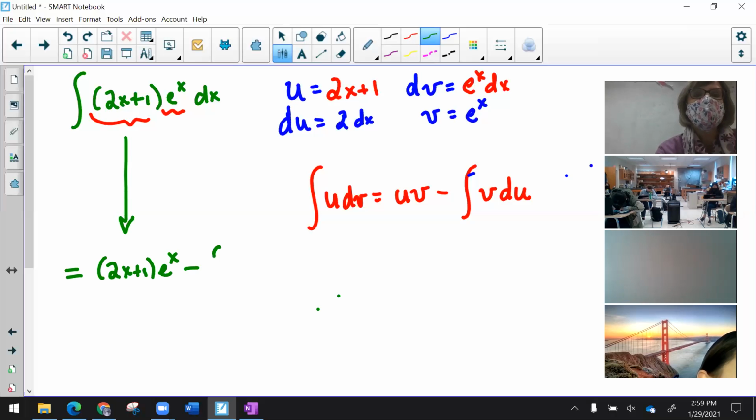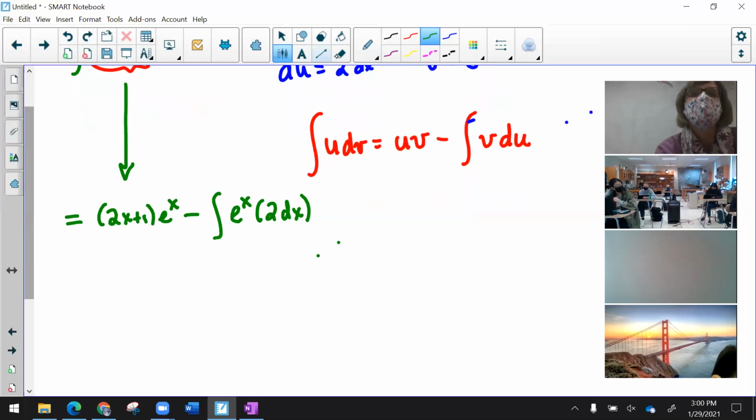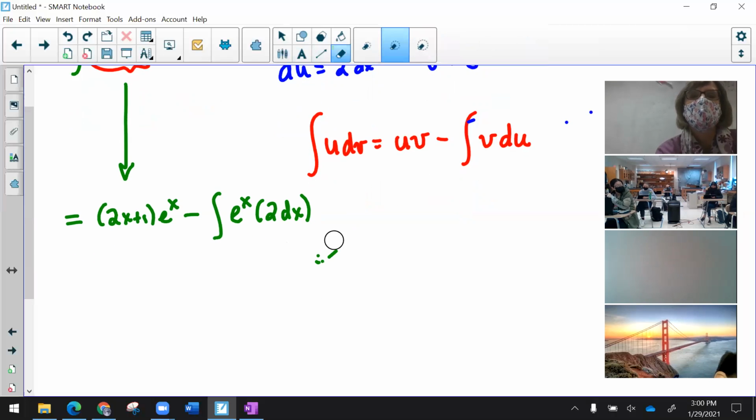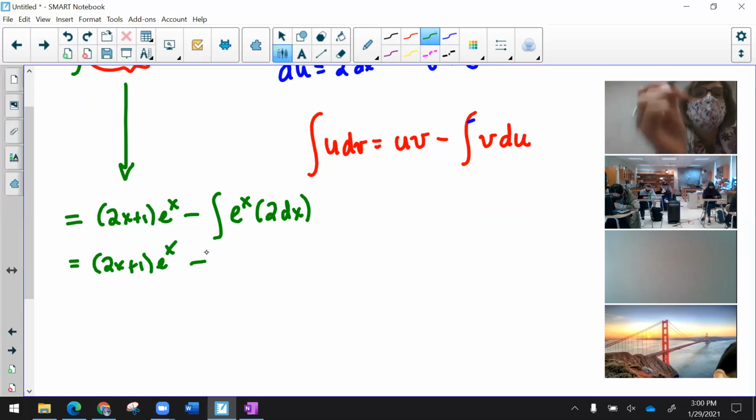Minus, don't forget the minus sign, v, which in this case is e to the x, times du, which is 2 dx. My answer's wrong. Not this answer, but the answer I wrote in the book, in my notes. Okay, and then we just keep going. So I've got 2x plus 1 times e to the x.